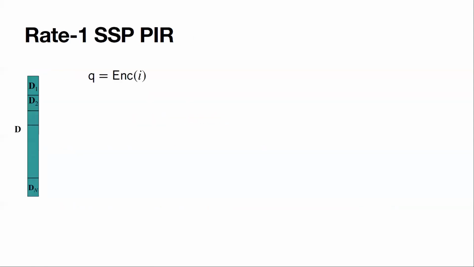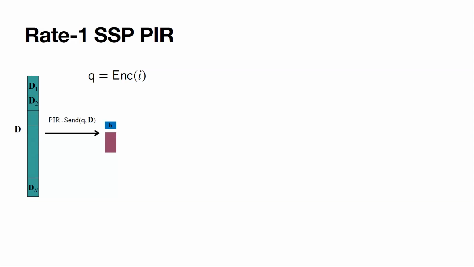So first, what is a rate one PIR? This is essentially a PIR with some additional properties. In a PIR, the receiver starts by encoding an index I into a query Q, and this query should hide the index. The sender inputs a database, and this database can be decomposed into blocks D1 to Dn.